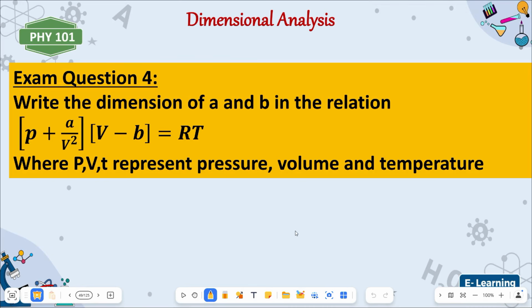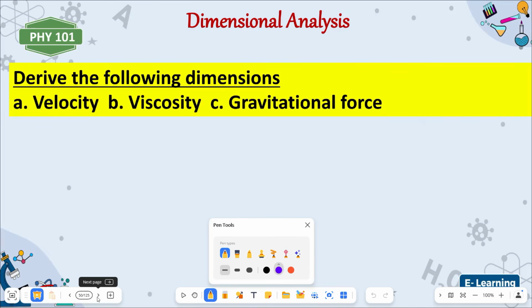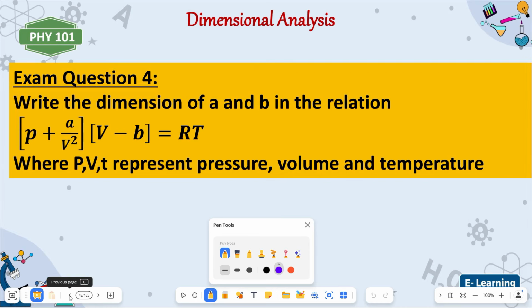The next one says, write the dimension of A and B in the relation, where P is pressure, V is volume, and T is temperature. Now, I told you that for two things to be added like this, it means their dimensions are equal.